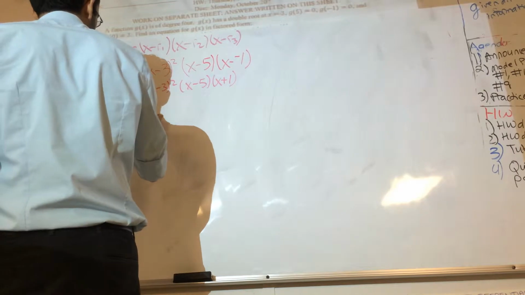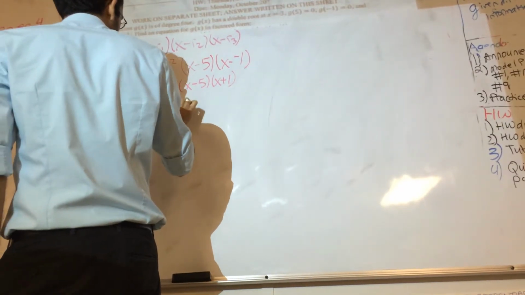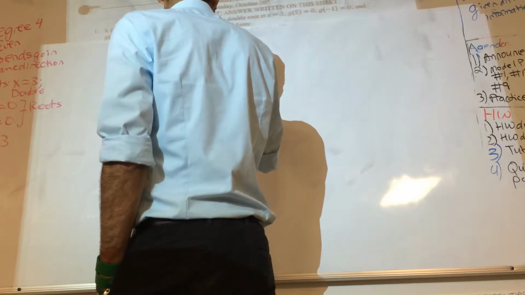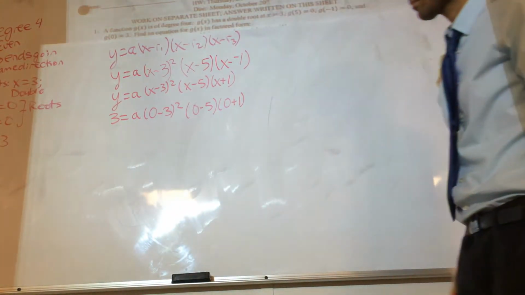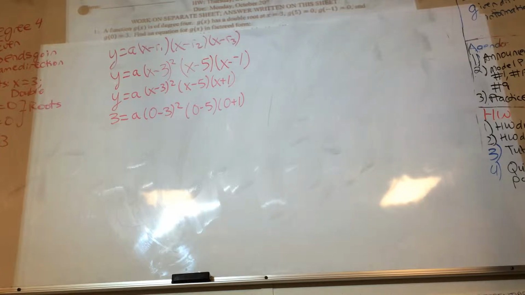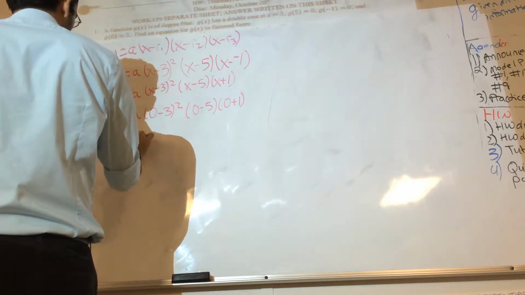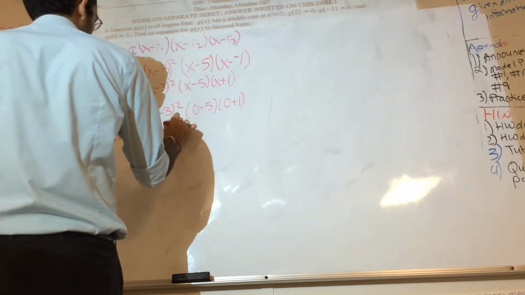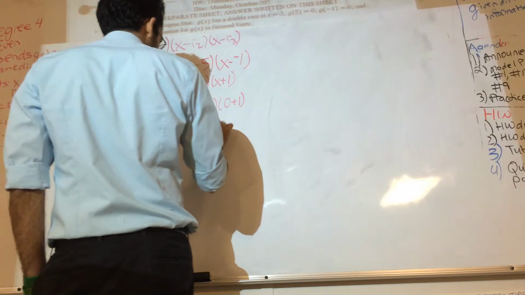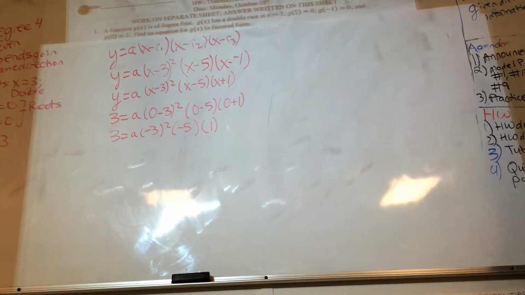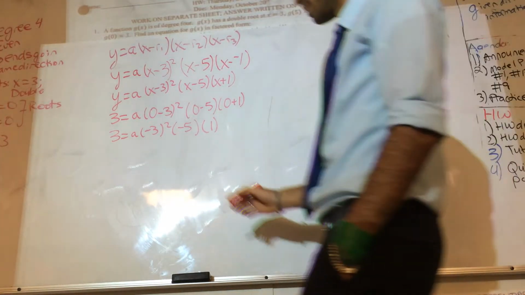So 3 equals a times 0 minus 3 squared times 0 minus 5 times 0 plus 1. So now we're just going to solve for a. So we've got 3 equals a times -3 squared times -5 times 1. -3 squared is this positive 9.